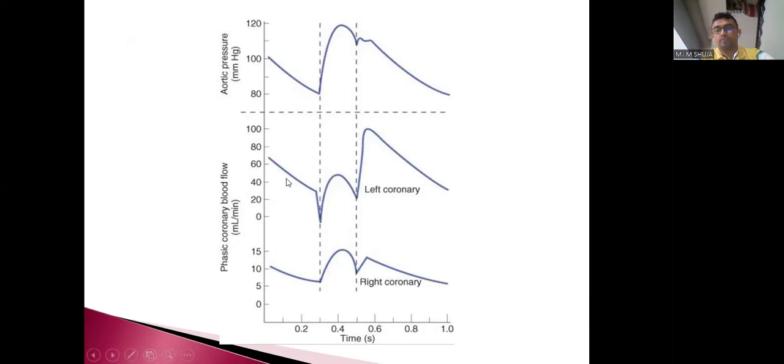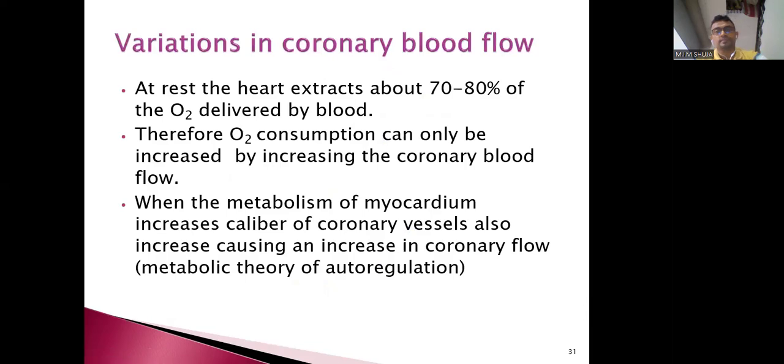So you should know the left ventricular part of the heart is getting affected during systole, not other areas of the heart. So there are variations in coronary blood flow. At rest, your heart extracts about 70 to 80% of the oxygen delivered to the heart by blood.